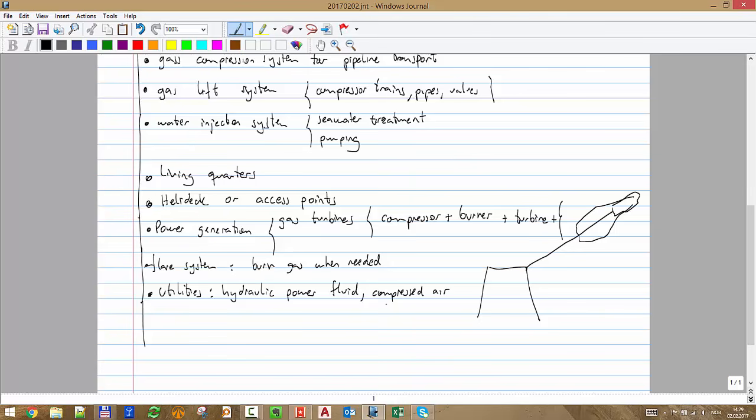Compressed air we use, for example, for the seals of the rotating machinery. Drinking water, air conditioning, ventilation, and heating system.